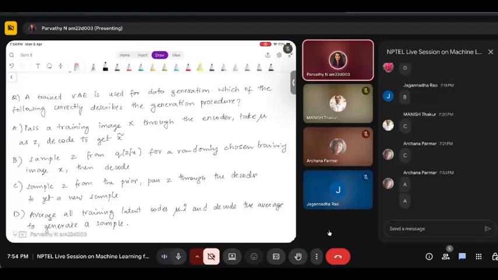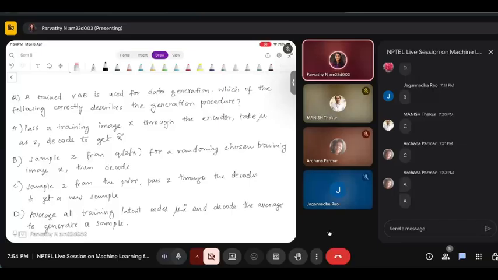So the question is about generating a new sample. It's not about reconstructing a sample. Option A deals with reconstruction, so it is X and X tilde, where X tilde is the reconstructed output. That is not what is asked.